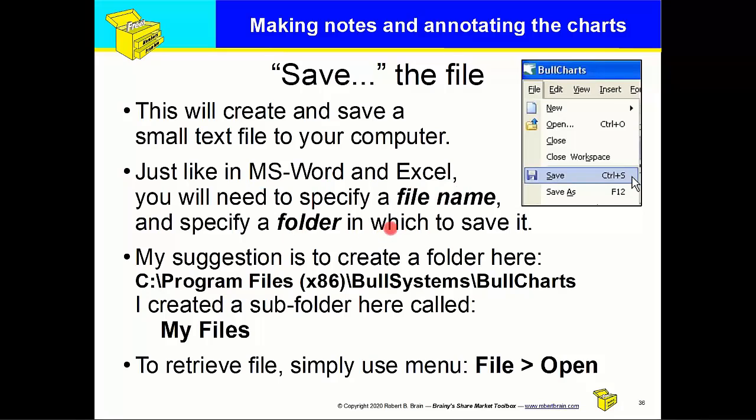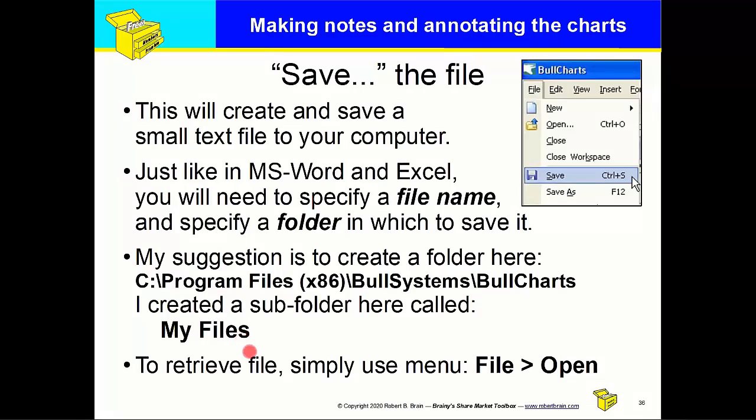Now, when I started doing this 13, 14 years ago, it took me a while to work out that the best place for me to save those files was in a folder structure starting here. So what I've done is, if you have a look at where your BullCharts files are, the templates, the custom indicators, custom scans, and so on, I've created a subfolder under that, and the subfolder I've just called My Files.